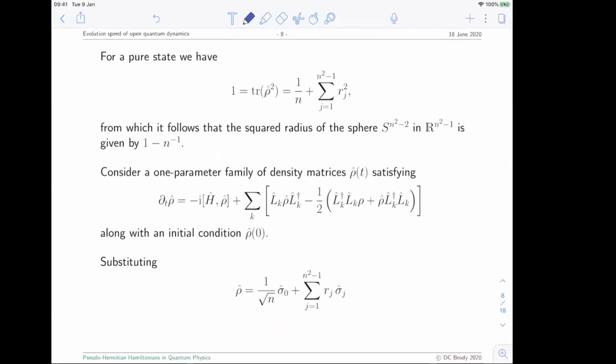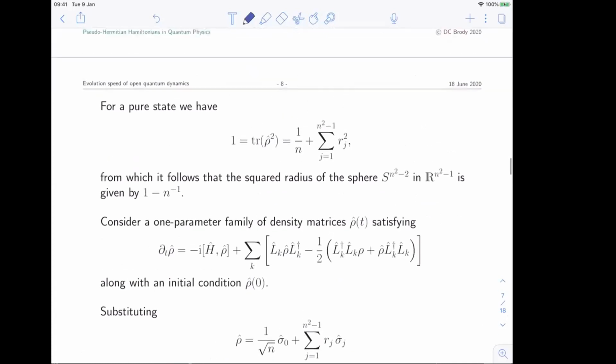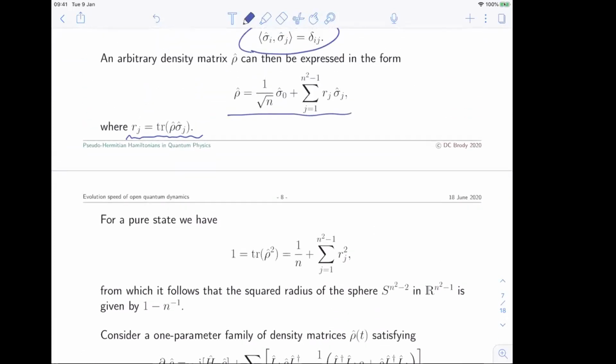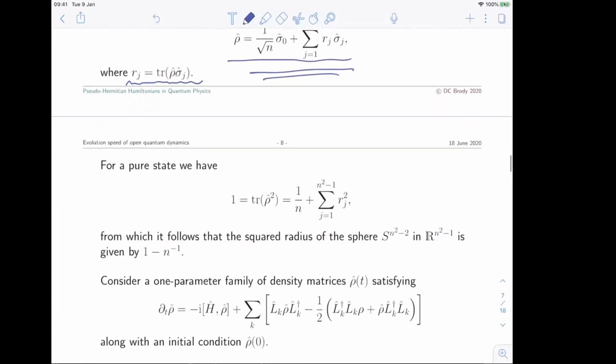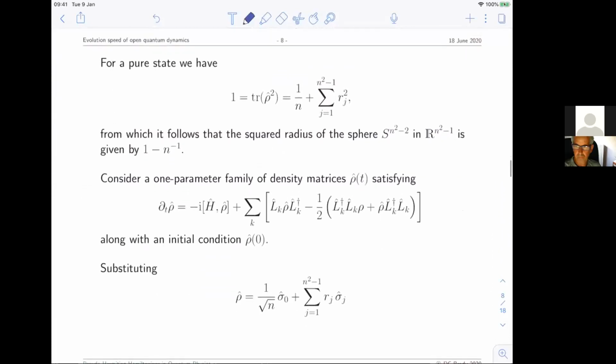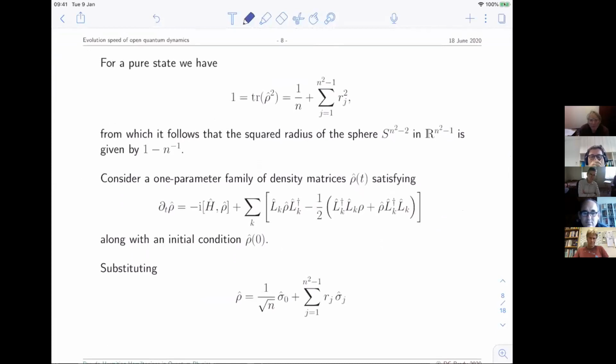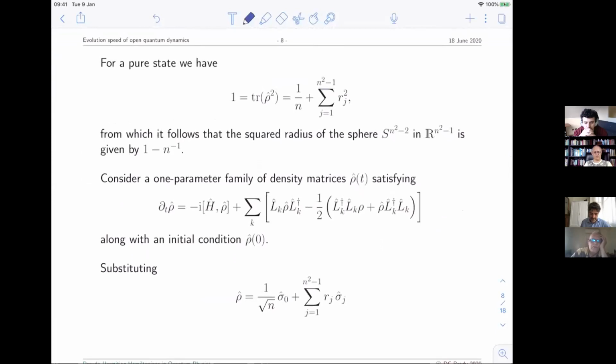Incidentally, for a pure state, trace of rho squared equals 1, but substituting this representation into the trace of rho squared, one finds that for a pure state, we get a sphere of radius square root of 1 minus 1 over n. Okay. So for n equals 2, you get 1/2, which is the radius of the Bloch sphere.